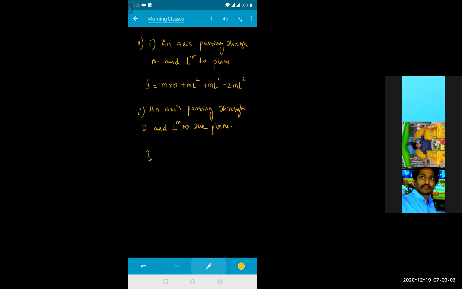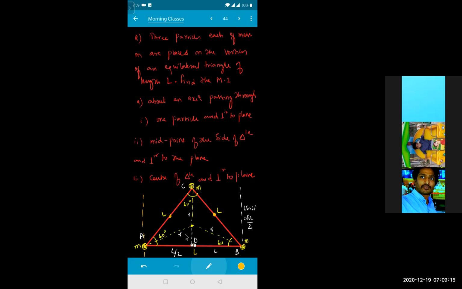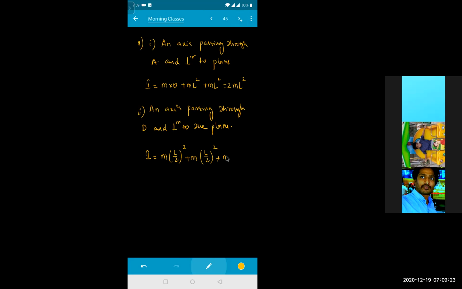So I will be equal to m into (L/2) whole square plus m into (L/2) whole square, plus the third mass, which is at distance √3 L/2, so m into (√3 L/2) whole square.